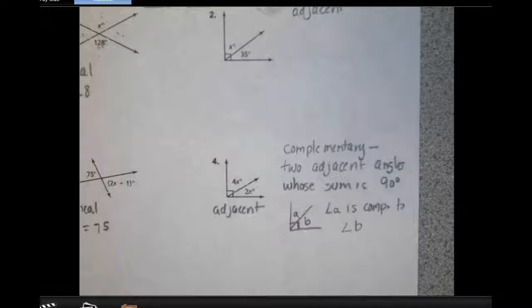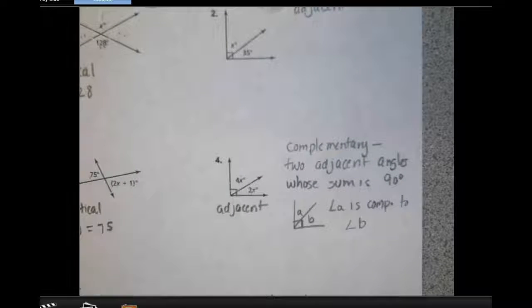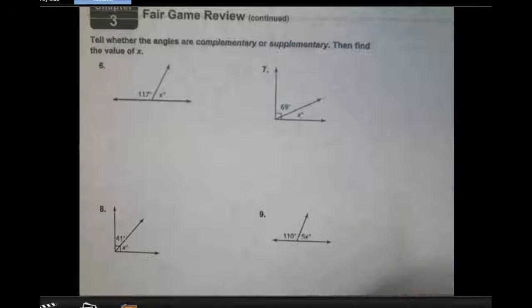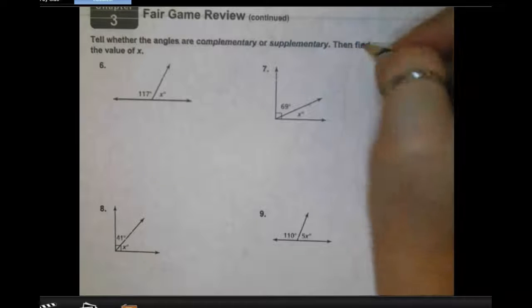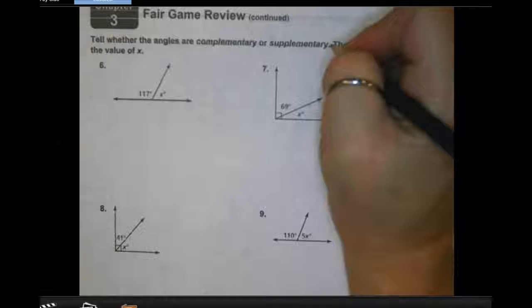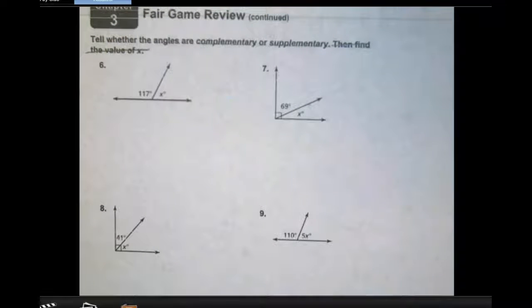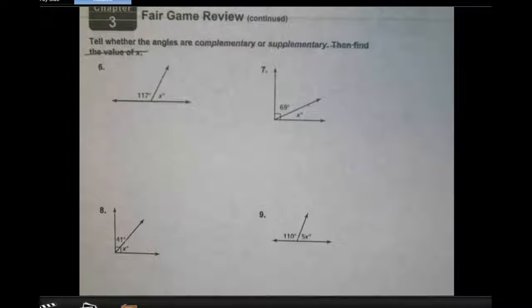We're not doing number 5. All right. Flip it over to the back side. Cross off number 10. I'm not going to ask you to find the value of x, but I do want you to tell me if they're adjacent, vertical, complementary, supplementary. Okay?